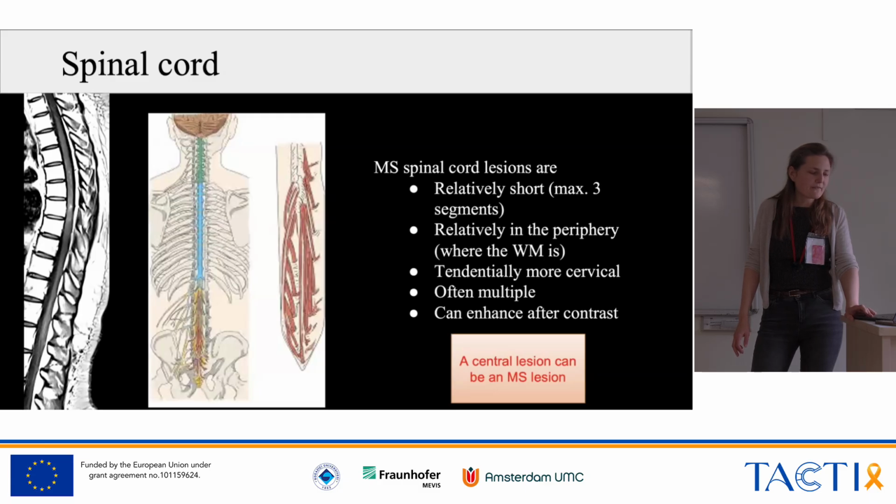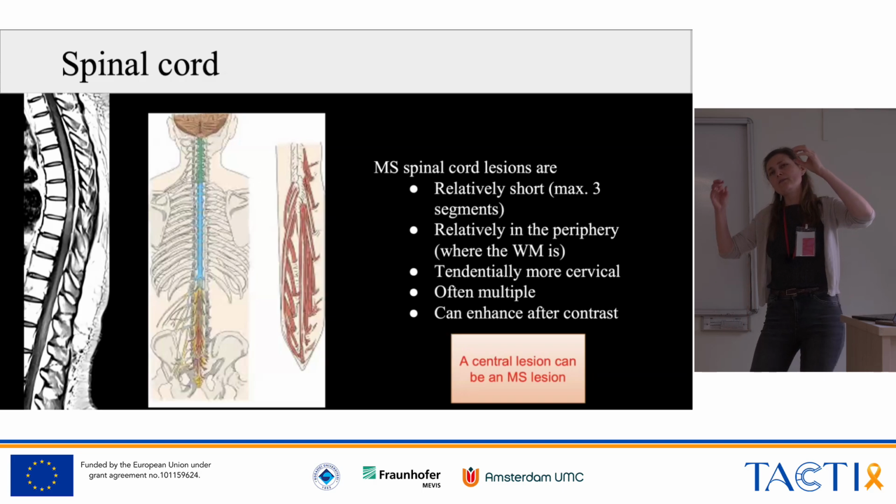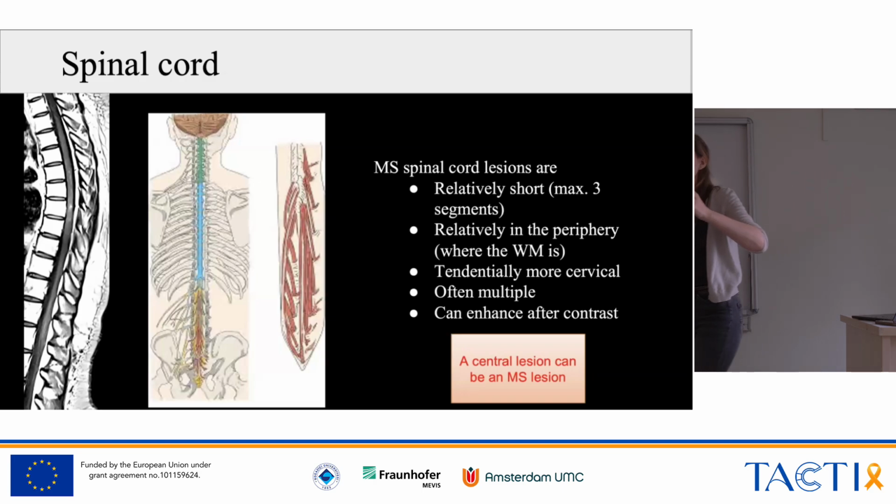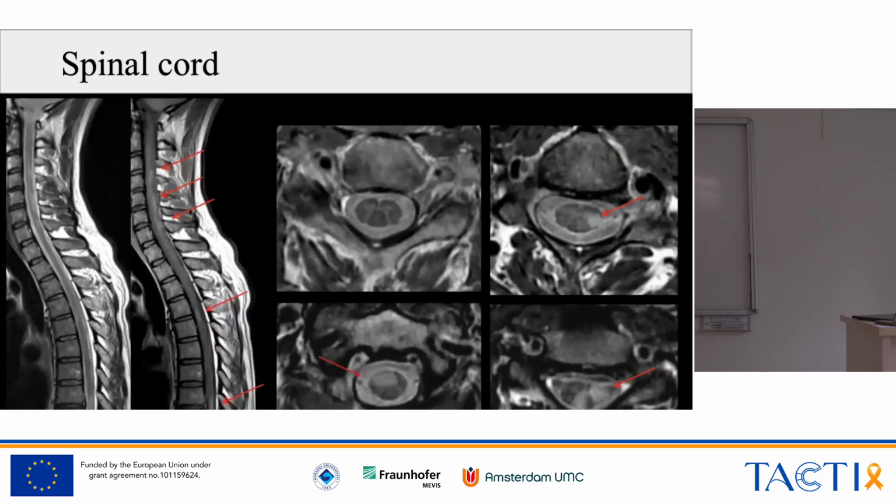Bear in mind that there are typical locations for MS lesions, and those are at the periphery in the white matter. Remember when we cut through the spinal cord, the white matter was outside and the gray matter was inside. Because MS is mainly a white matter disease, you find the lesions in the periphery. But in fact, they can be in the gray matter too, as Eva already pointed out.